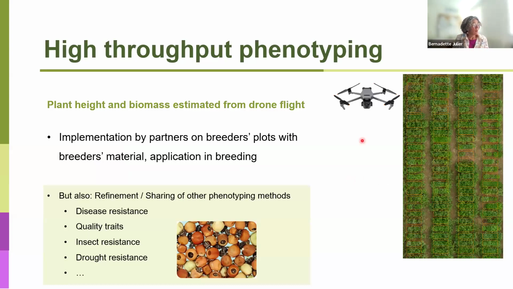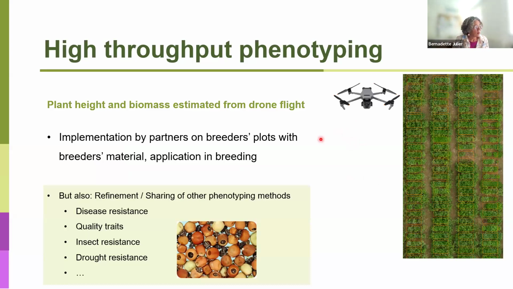For example, we are working on high throughput phenotyping. Here, for example, to estimate plant height and biomass from drone flights, or more exactly from images taken after drone flights.